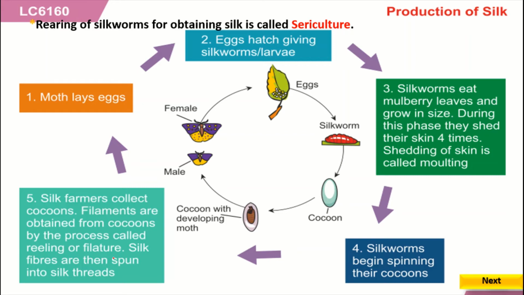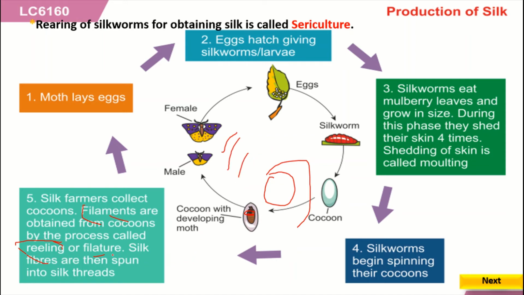The filament around the cocoon is removed in the process of reeling, and the silkworm inside dies. The separating of silk from the cocoon is known as reeling.